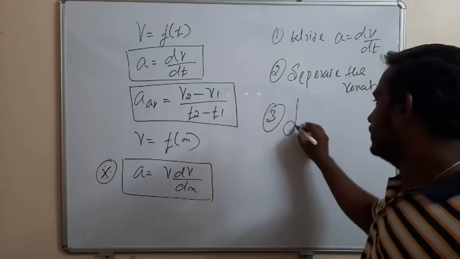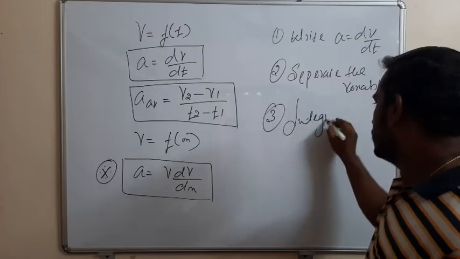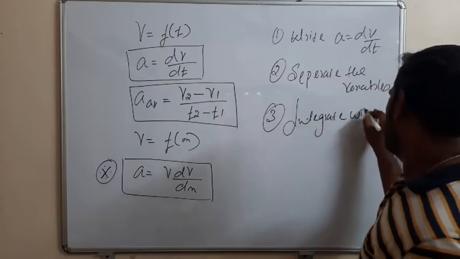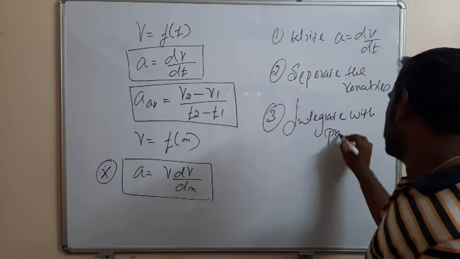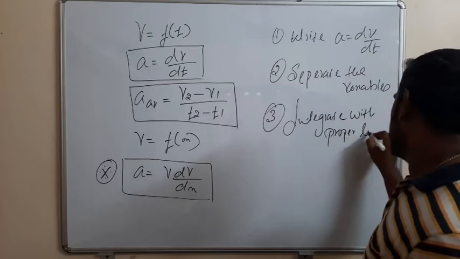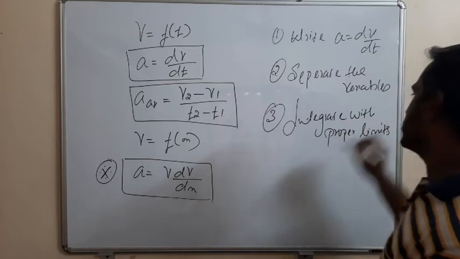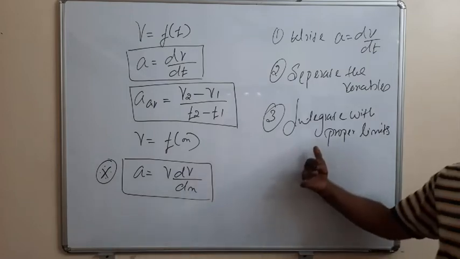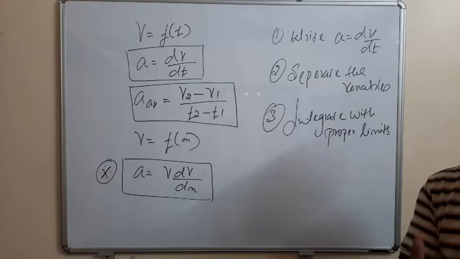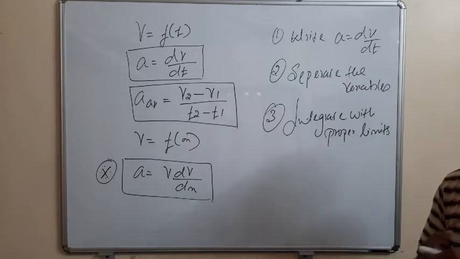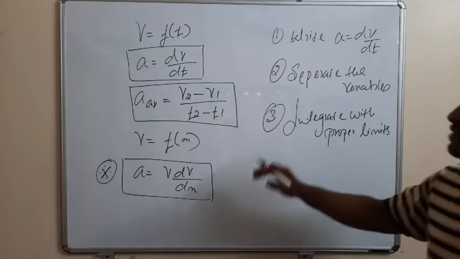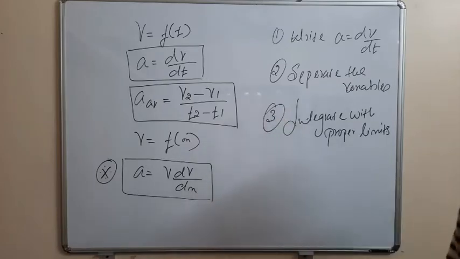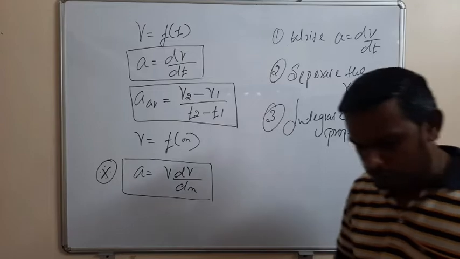Third step, integrate with proper limits. So these are the three steps we have to follow when the acceleration is given and you are asked to find the velocity. These are the things you have to keep in mind before solving the problems.